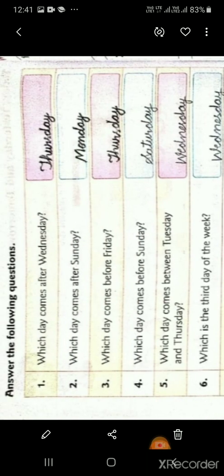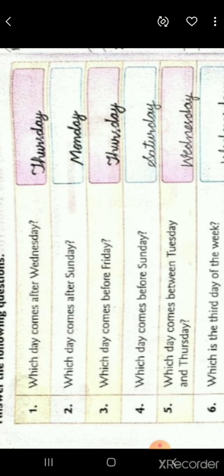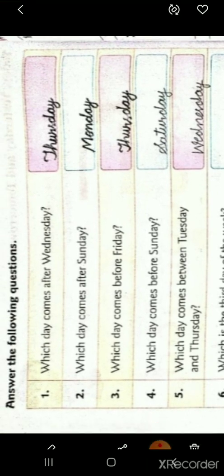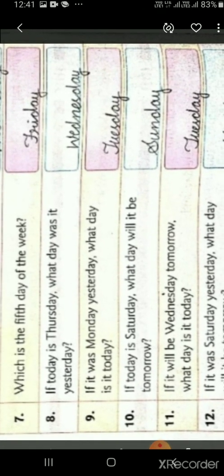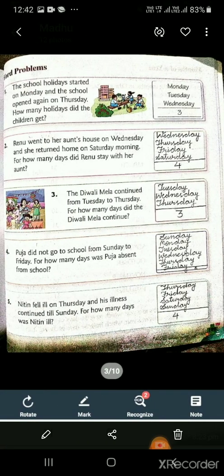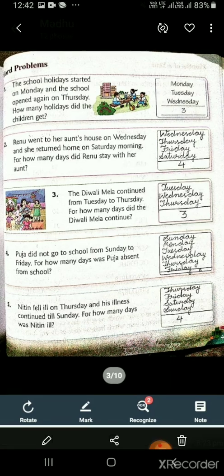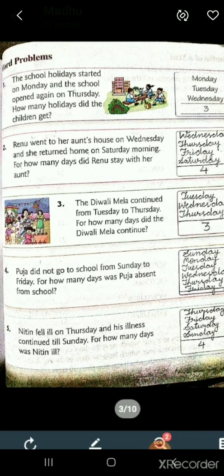Now you can see, here in the Zoom, I have shown you this page. Now next page, page number 189. A word problem is given here.